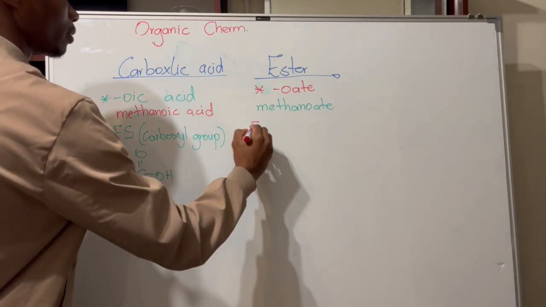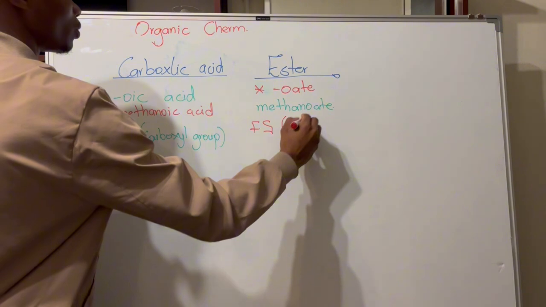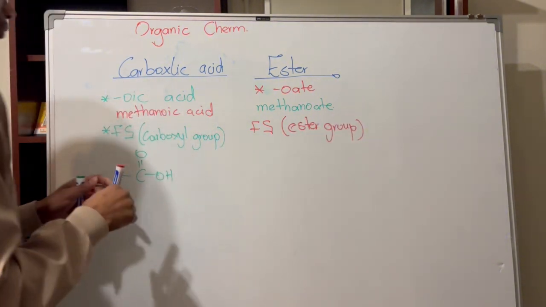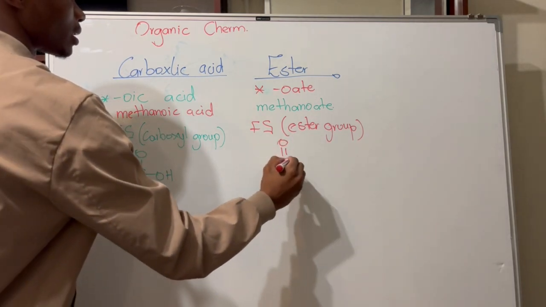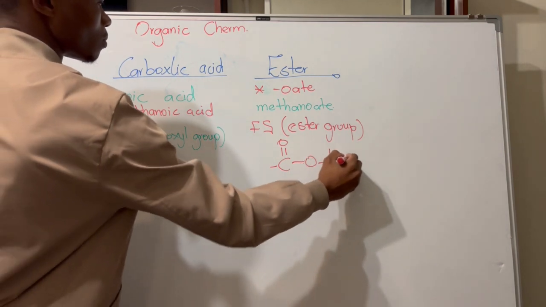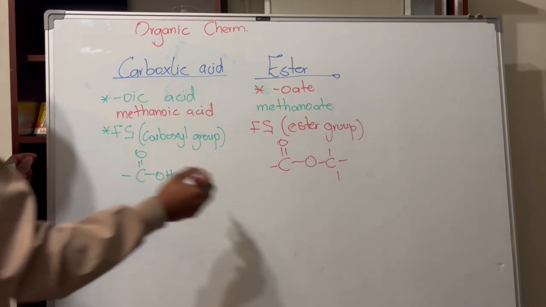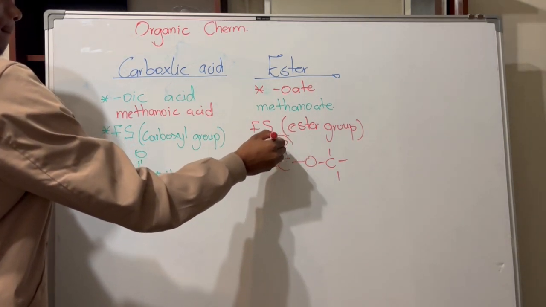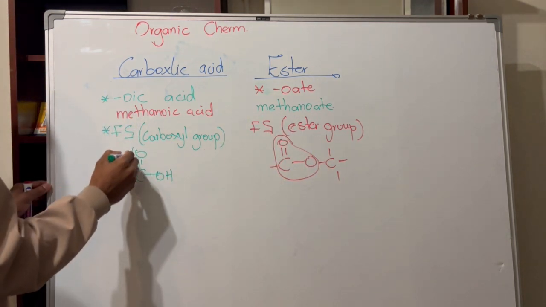So here the functional group is an ester group, which will have something like this. Now I want us to look at this.